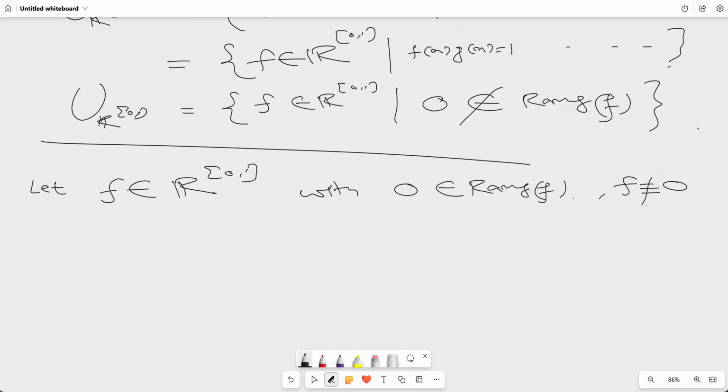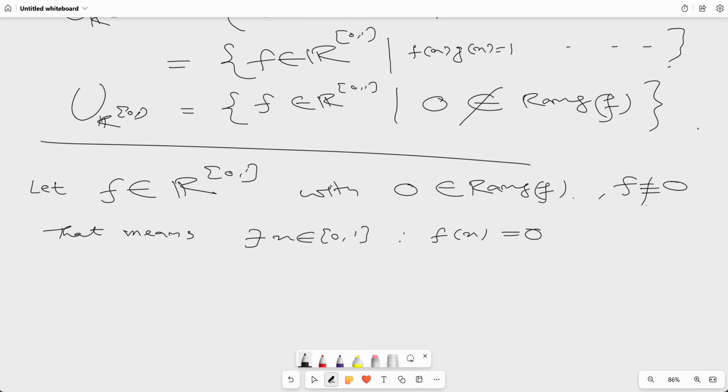So suppose 0 is inside the range of f. Will f be a 0 divisor? Suppose f is non-identically 0 and 0 is inside the range of f. That means there exists x inside [0,1] in the domain such that f(x) is equal to 0.